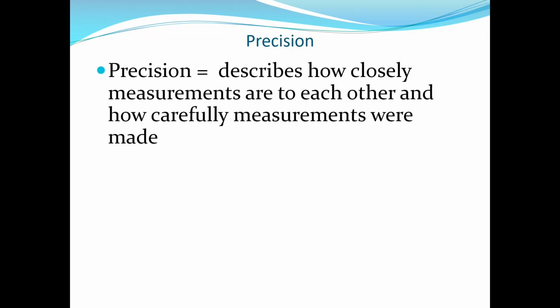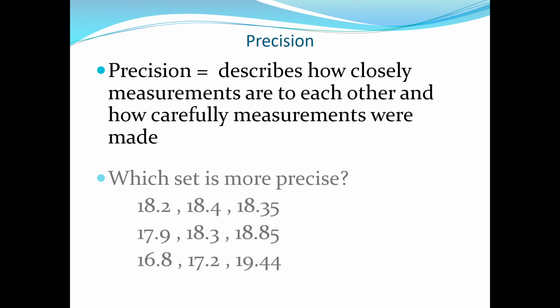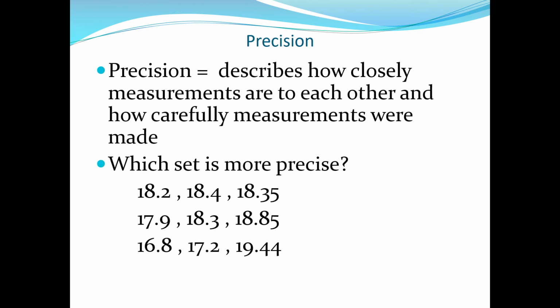So precision describes how closely your measurements are to each other, how carefully measurements were made. Out of these, you can see that the first set is the most precise. Looking at 0.2 and 0.4, it only varied by 0.2, the largest discrepancy.